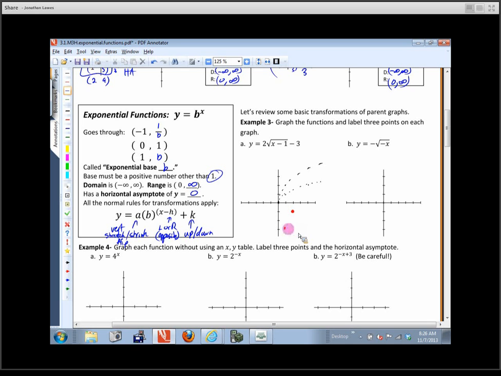I normally go over 4 and up 2. I'm going to go over 4 and up twice as far. So I'm going to go up 4. That's going to put me right here. So that's the shape we're after. We'd want to label these points 1, -3. Where would this one be? Two, -1. Because if I went to the right 1, that would put me at 2.